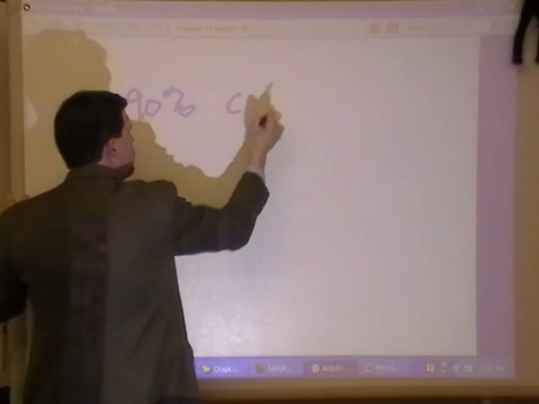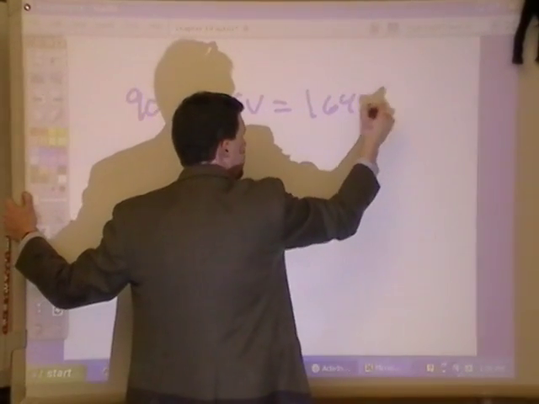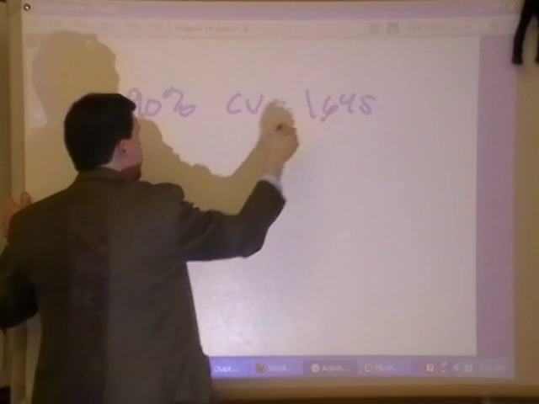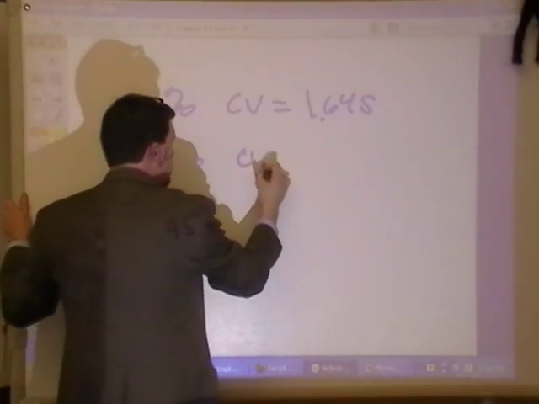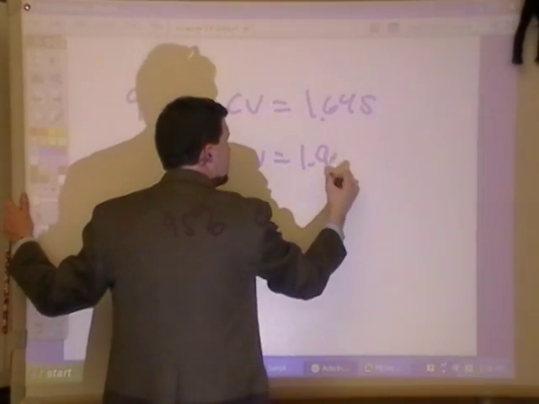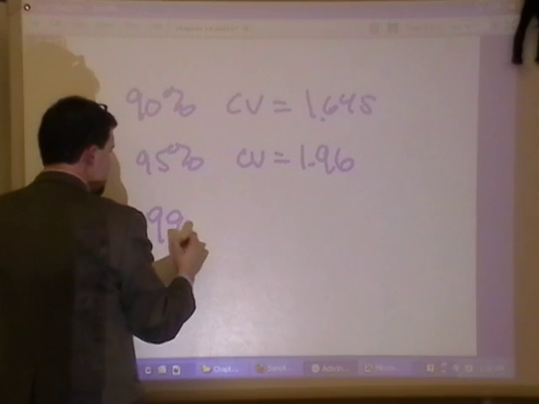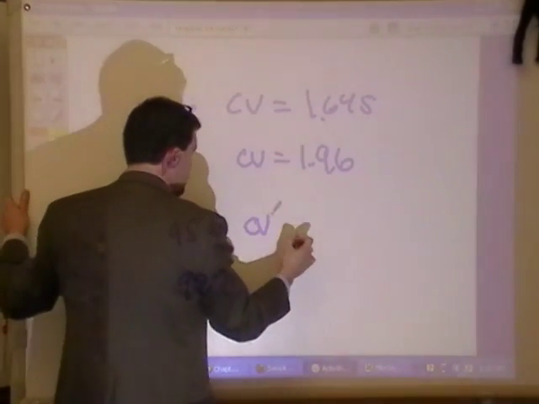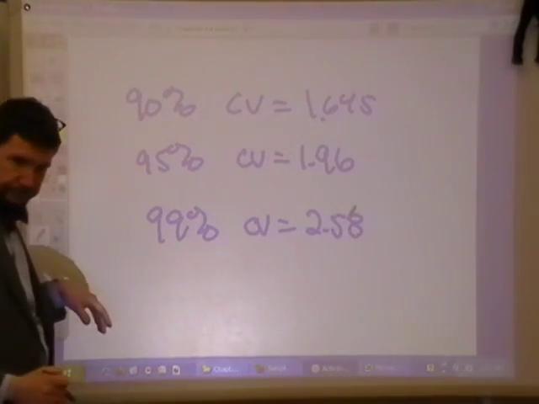So the critical value for a 90% confidence interval is 1.645. You will have to know this value. For a 95% confidence interval, your critical value is 1.96. For a 99% confidence interval, we will use 2.58.